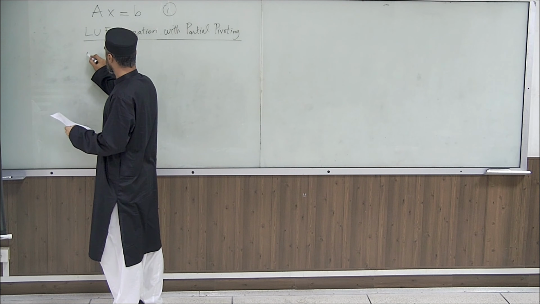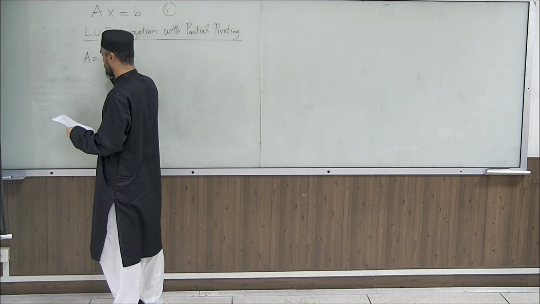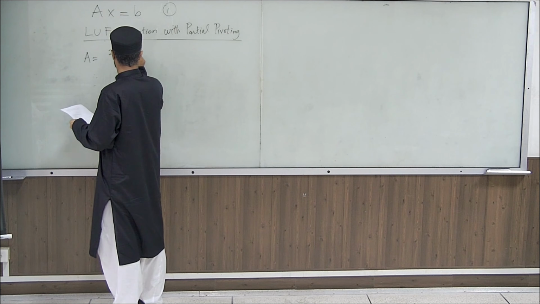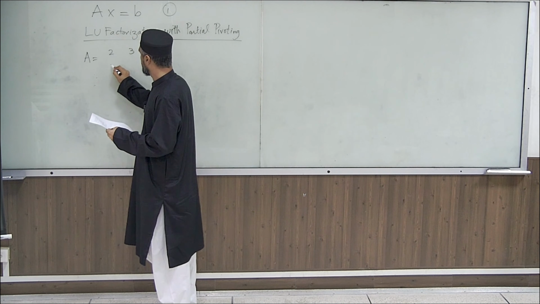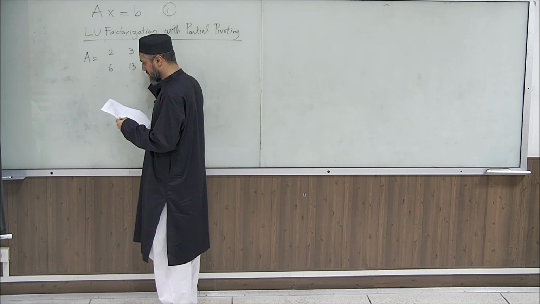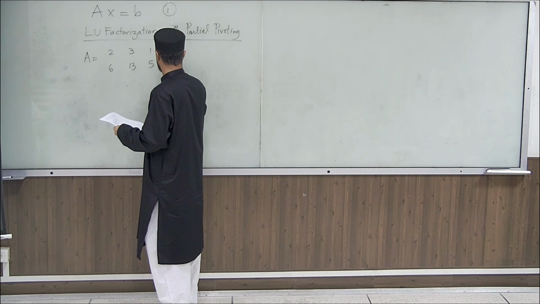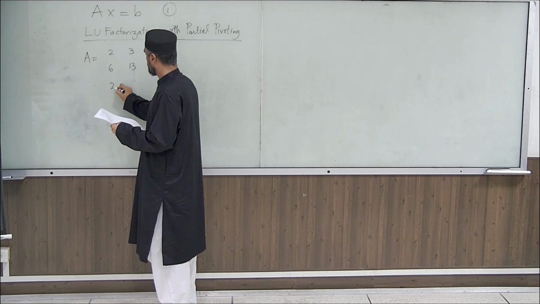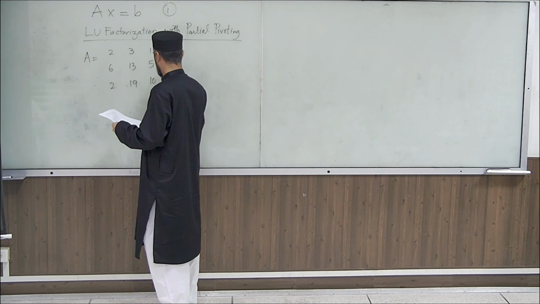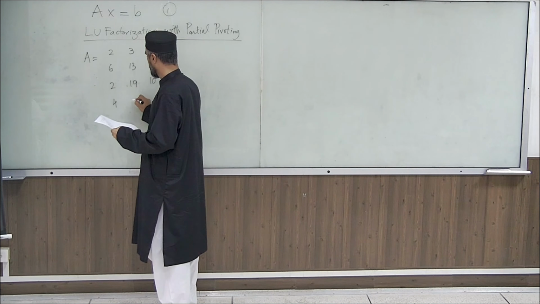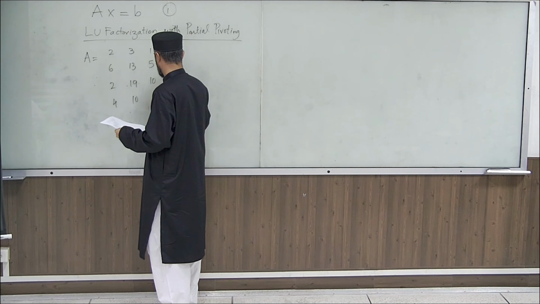I'm just going to write the coefficient matrix, which is 2, 3, 1, 5. Then we have 6, 13, 5, and 19. And the third row is like this. And the final row is 4, 10, 11, 31.